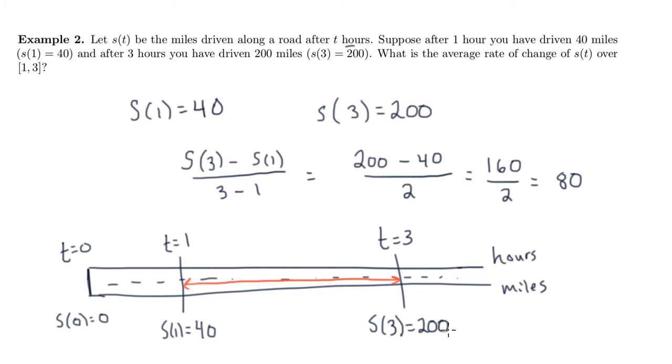Now for my units, I'm taking a difference of a number of miles and dividing by a number of hours. So my units are miles divided by hours. But that, of course, has a more common name, miles per hour. So my average rate of change of my position function is 80 miles per hour.